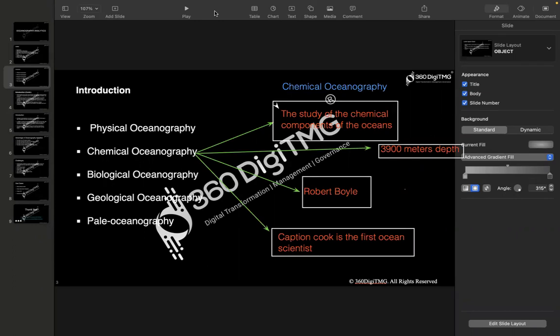Since that time, analytical chemistry has played a fundamental role in chemical oceanography, with development to determine trace elements at micromolar and nanomolar levels.